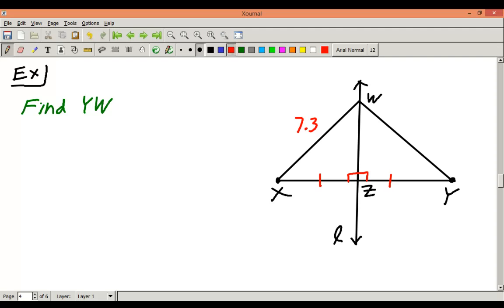So that means that WX must be equal to WY. So this is 7.3. Again, probably could have guessed it, but can you quote the theorem which says it's really true? Okay, let's take another look at another example.